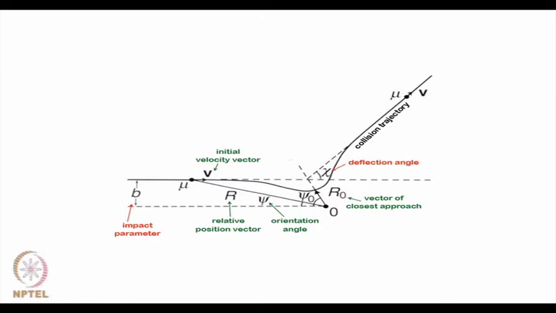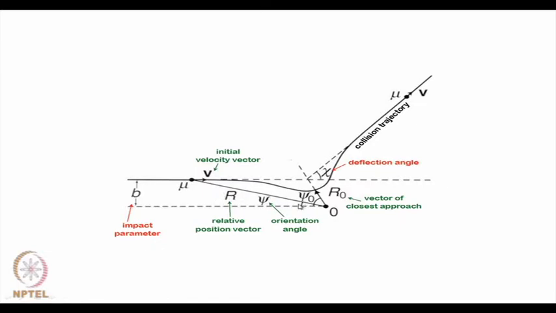This is the collision trajectory of the center of mass system. This solid curve represents a trajectory with initial velocity v and impact parameter b, and this is the relative separation r, which is a function of t, uniquely defined in terms of distance r and the orientation angle psi.